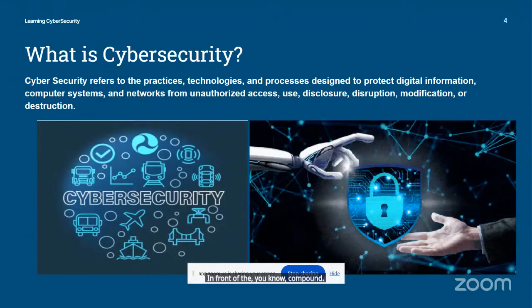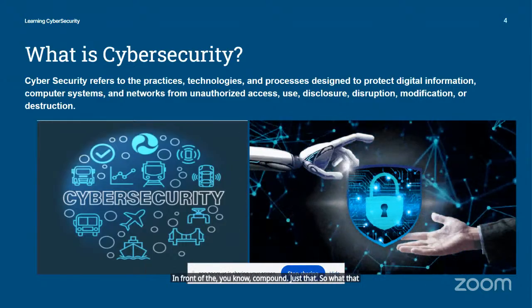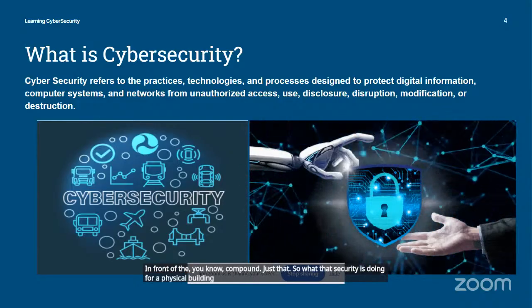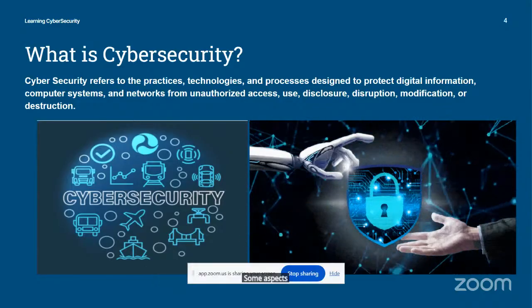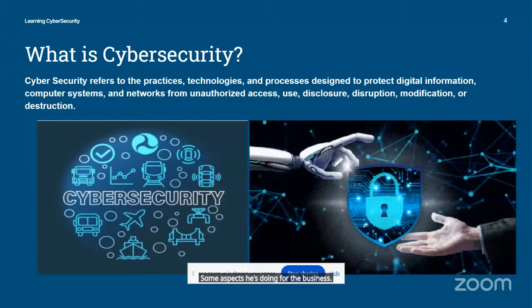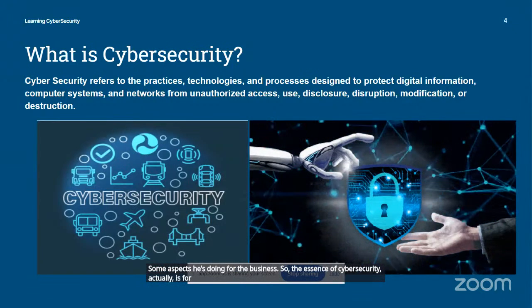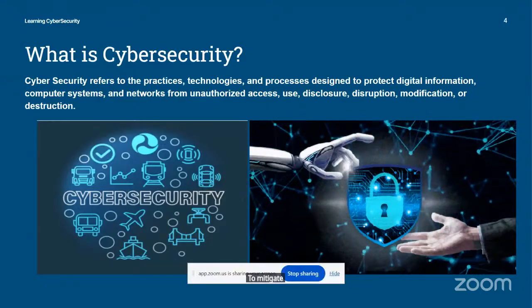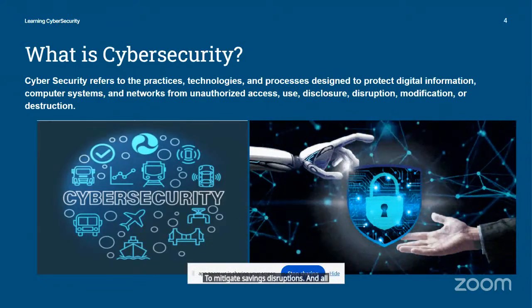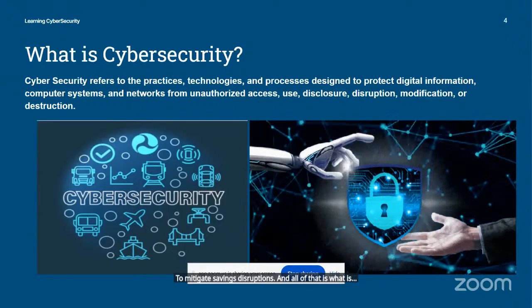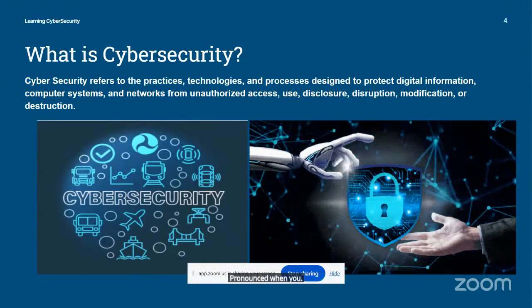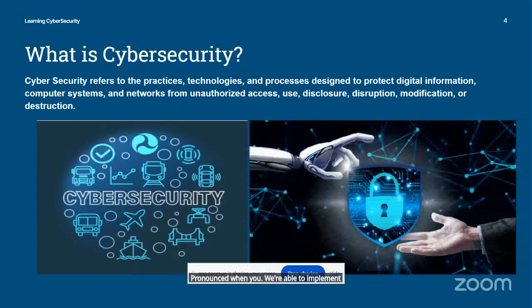Do you understand? So what that security is doing for a physical building, that's the same thing cybersecurity is doing for the business. So the essence of cybersecurity actually is for business continuity, to mitigate service disruptions. And all of that is what is pronounced when you are able to implement incident management.